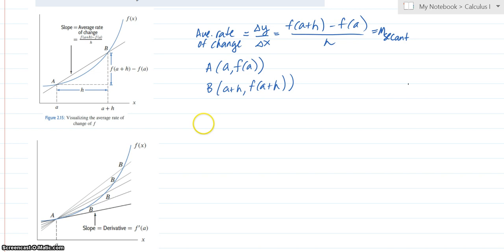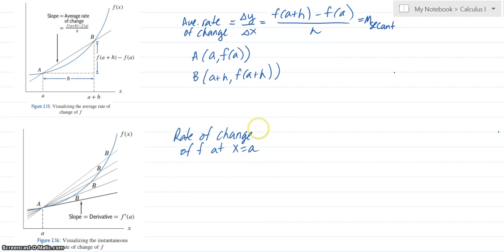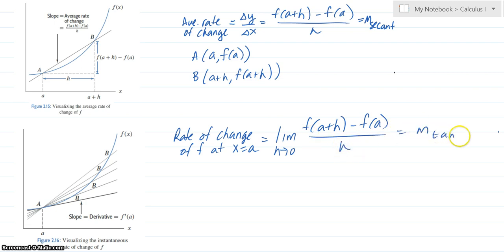So we can just call that the rate of change of f at x equals a. And what is it going to be? It's going to be the limit as h goes to 0 of our average rate of change that we have above. And again, that could be called the slope of the tangent line. So there it is.